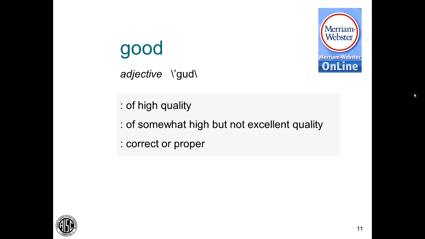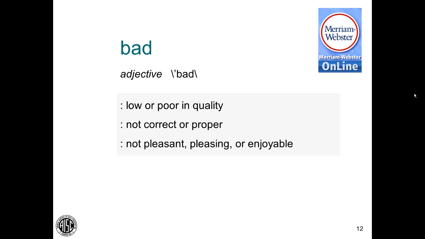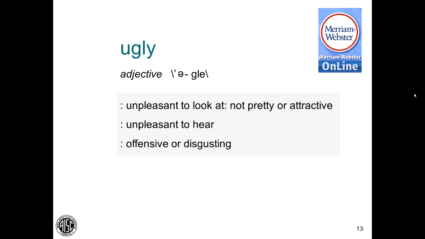And bad is defined as low in quality, not correct or proper, not pleasant, pleasing, or enjoyable. And finally, to ugly, unpleasant to look at, not pretty or attractive, unpleasant to hear, offensive, or disgusting.